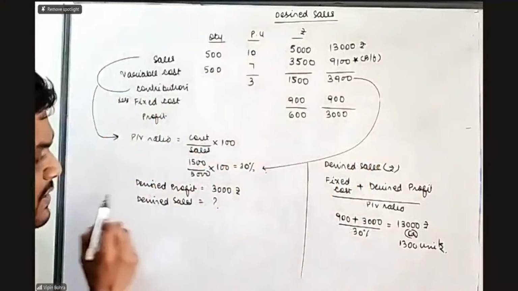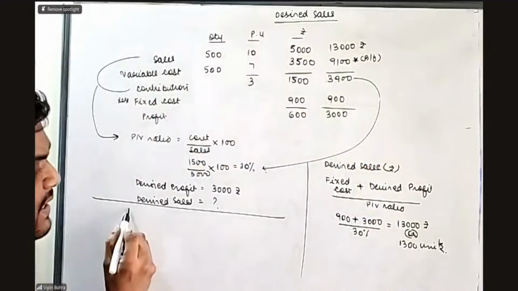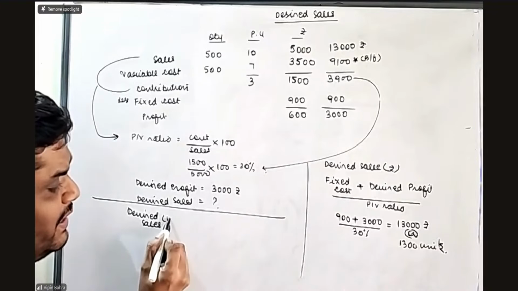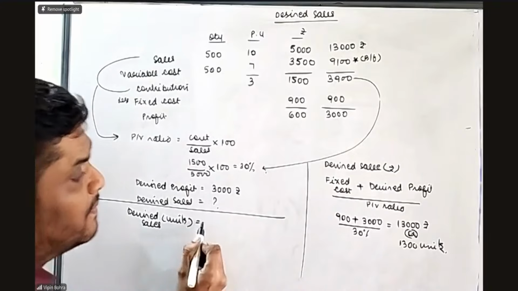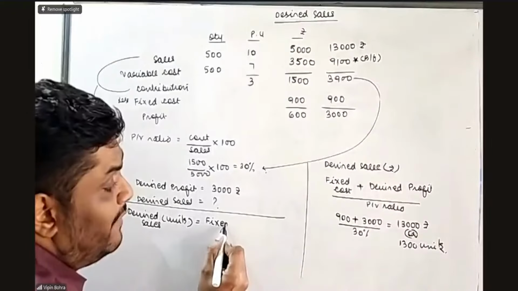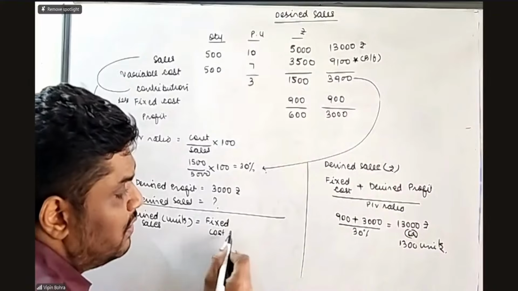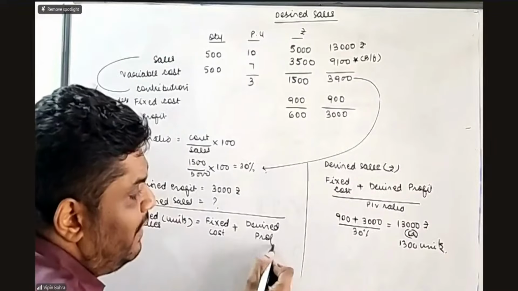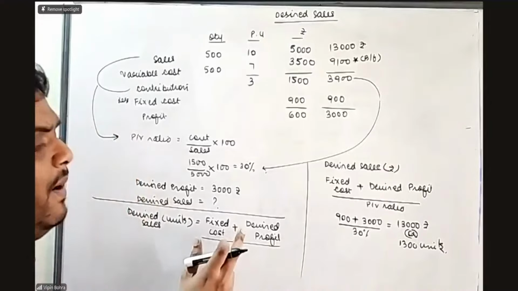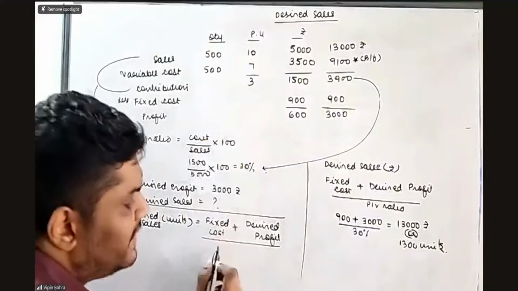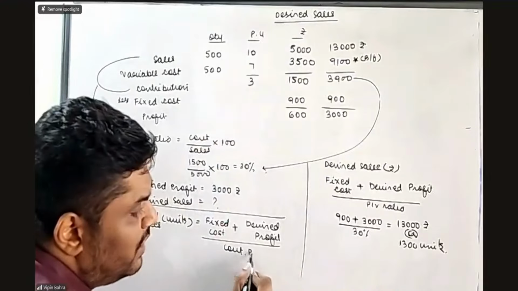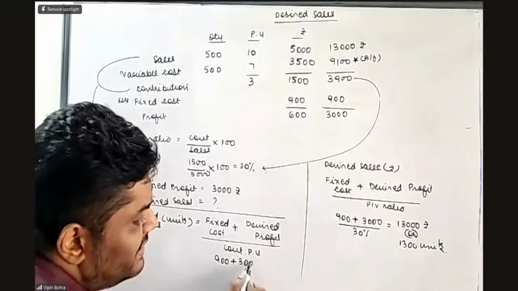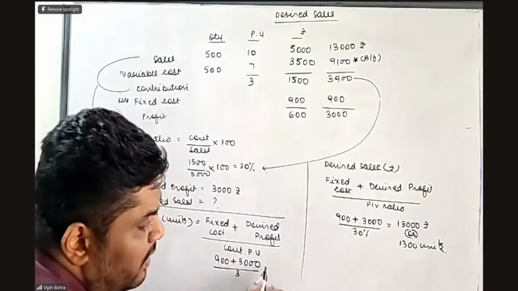So again, the same concept I have applied in break-even sales, that if you want to calculate desired sales in units, that is the amount I want to earn before, that is fixed cost. Now the additional amount I want to earn is my desired profit. So this is the total amount I want to earn, and per pen how much am I earning? Rupees 3. That is my contribution per unit. So fixed cost 900 plus 3,000, that is the additional amount I want to earn, and per pen I'm earning 3 rupees.